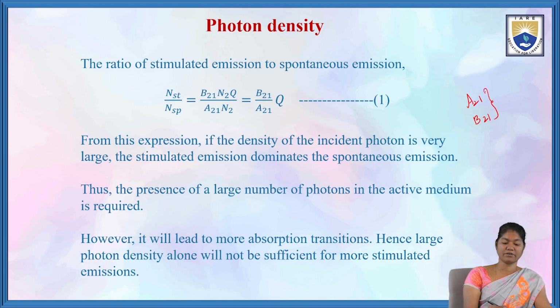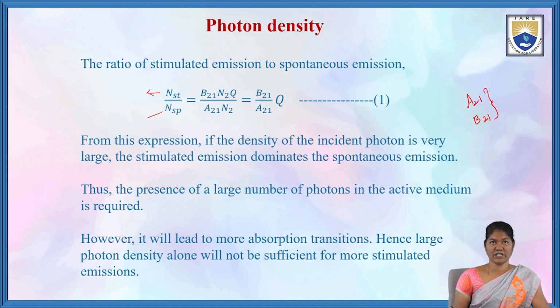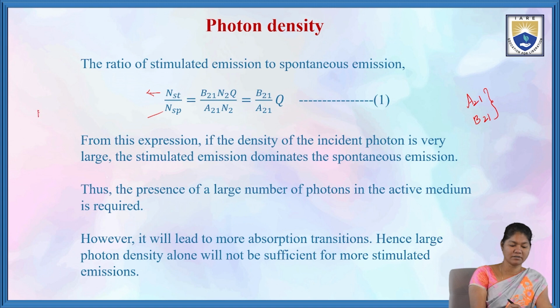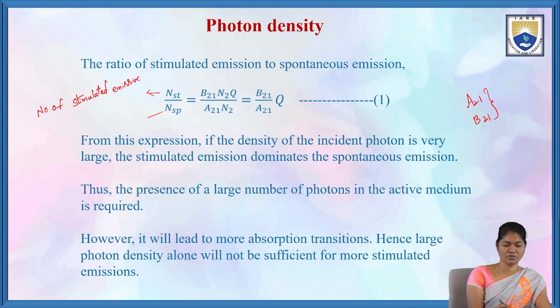Here NST is the number of stimulated emission of radiation, and NSP is the number of spontaneous emission of radiation.